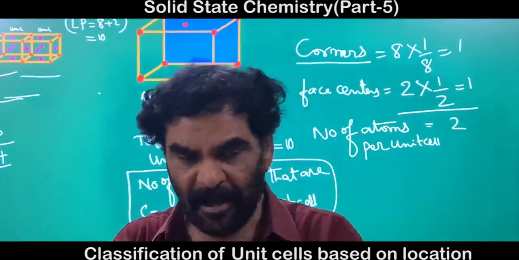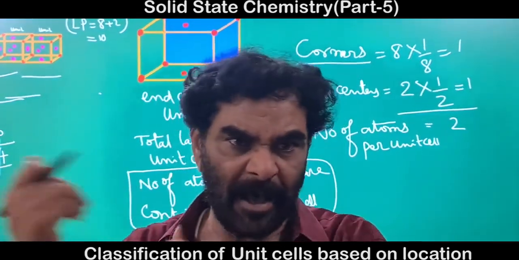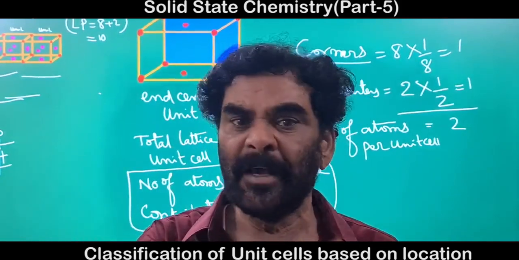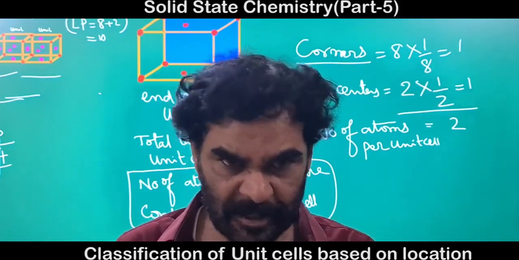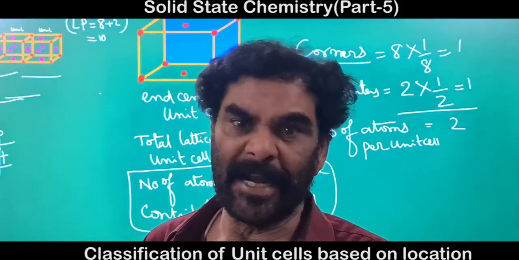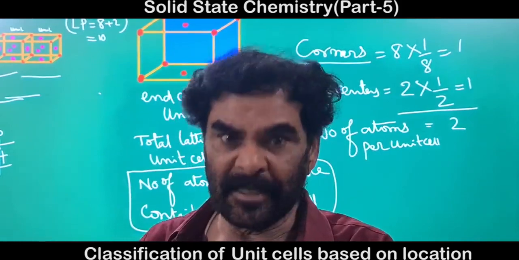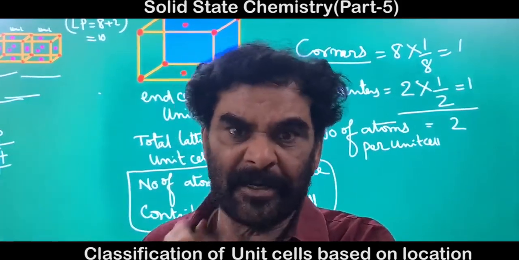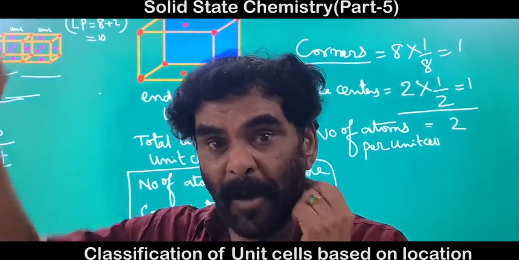In all the simple or centered unit cells, lattice points are always present at the corners. In simple, only corners. In body centered, corners plus the center of the body. Face centered, corners plus the center of the 6 faces. And end centered, corners plus 2 opposite face centers.